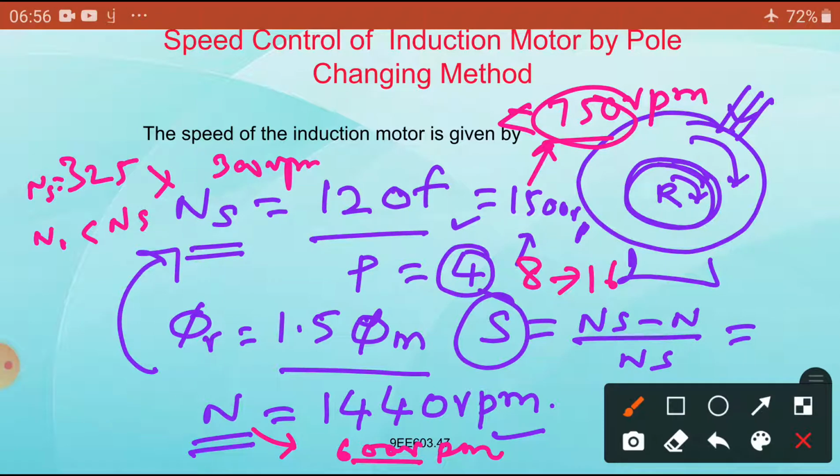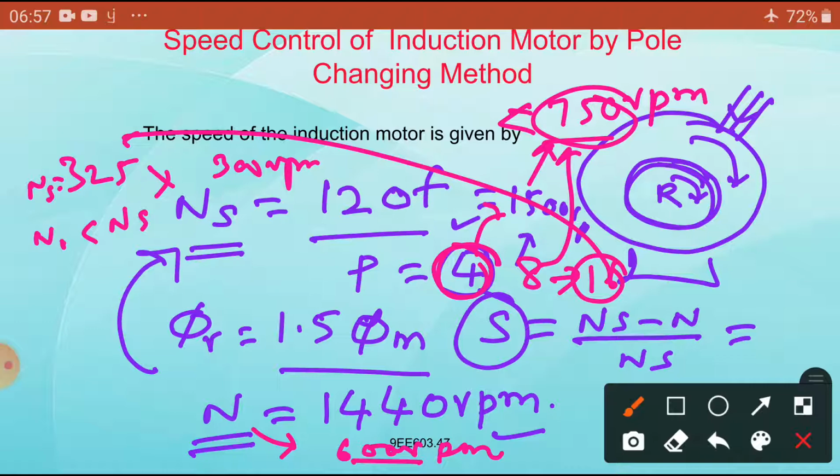Here we conclude that if P changes to 4 poles, we get 1500 rpm; 8 poles, 750 rpm; 16 poles, 375 rpm. By simply changing the number of poles, we change the speed.